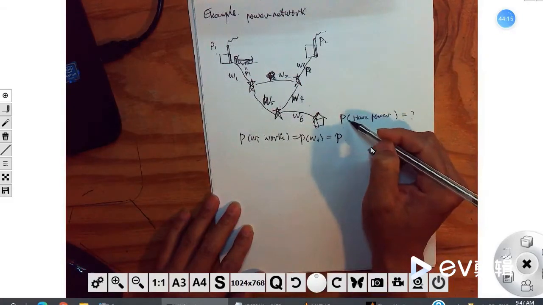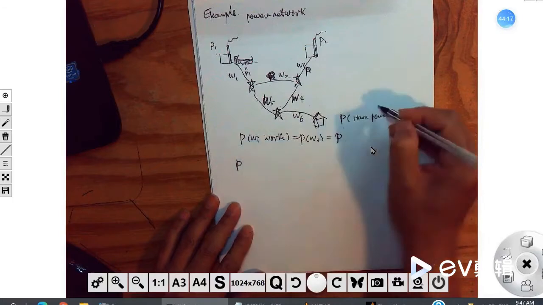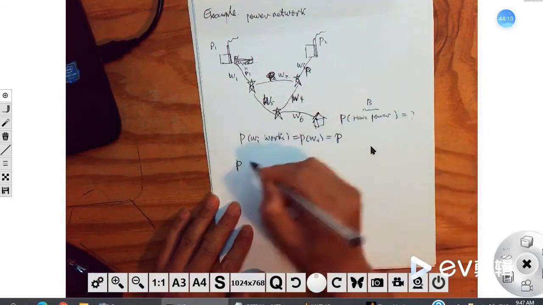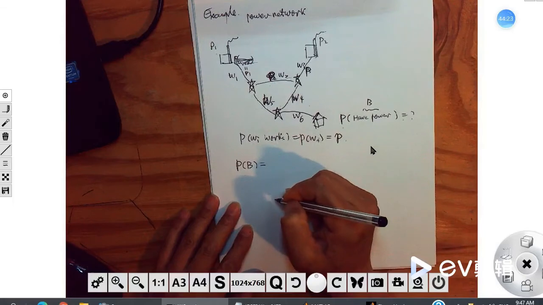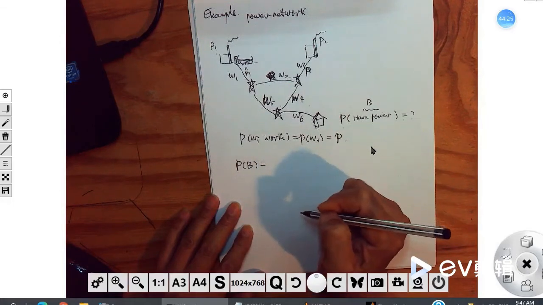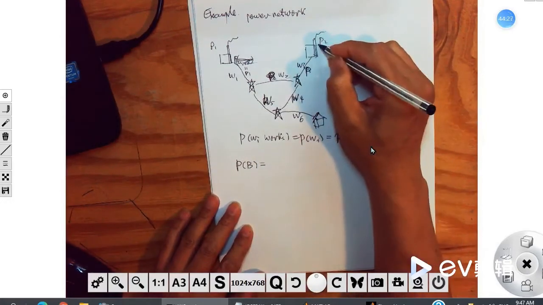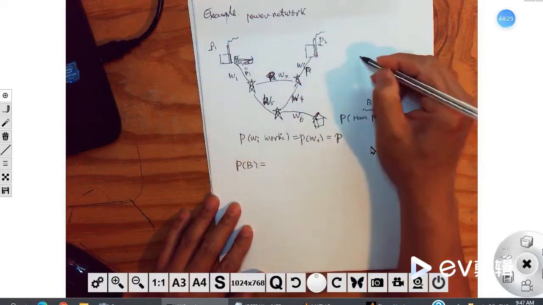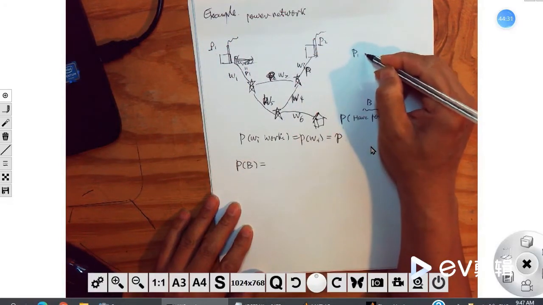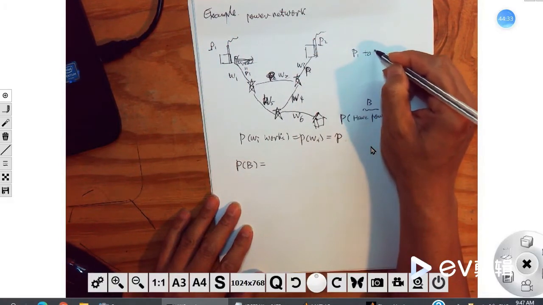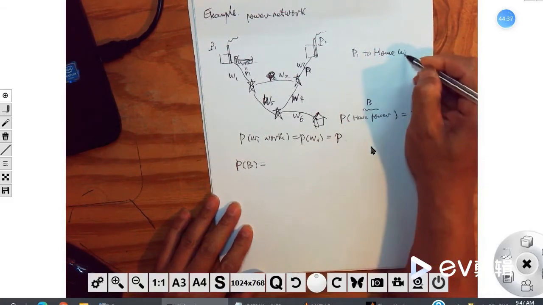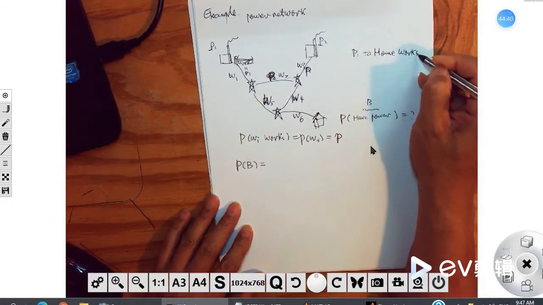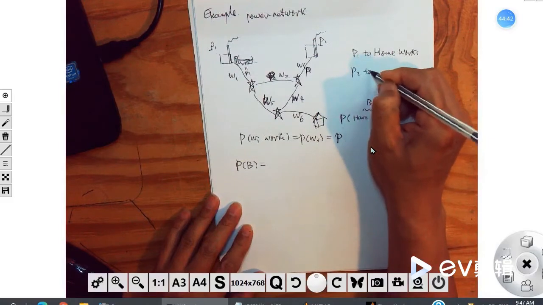So P, I use B for this. The probability of B, that means, okay, I say this is a P1, P2, right? P1 to home works, and P2 to home works, right?